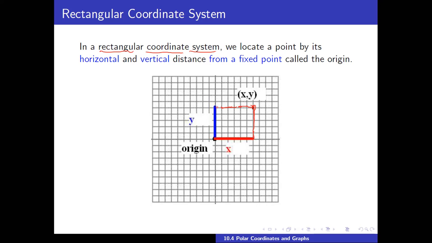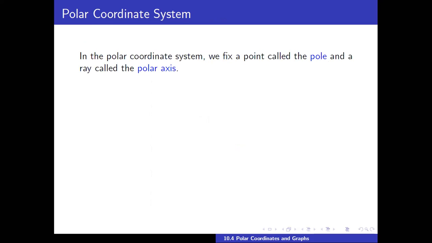But what we're going to do is change the game. In a polar coordinate system, we fix a point called the pole and a ray called the polar axis, a ray emanating from that pole.